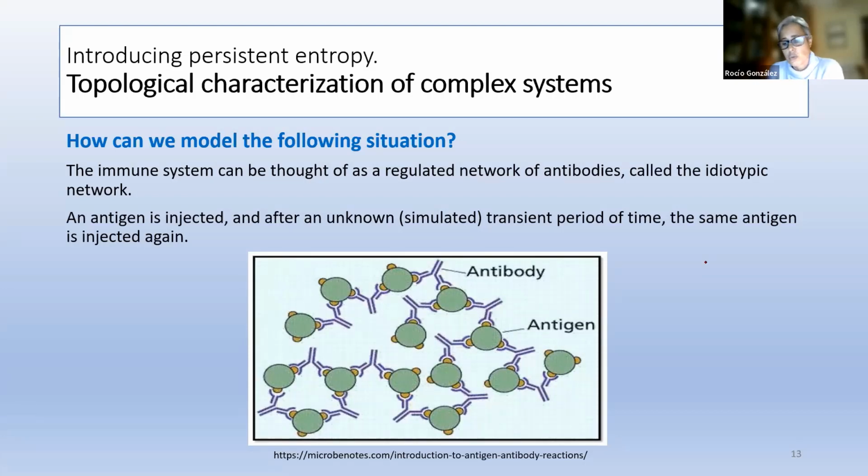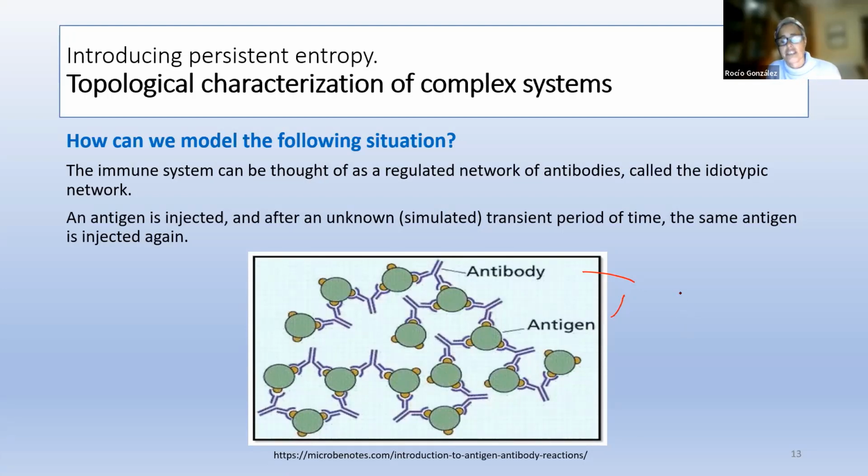They wanted to simulate or to model what happens when an antigen is injected into this immune system, and then there is a reaction between antibodies and antigens, and after a series of reactions, the antigen is injected again. Later, there is another reaction, and finally, there is a steady state.